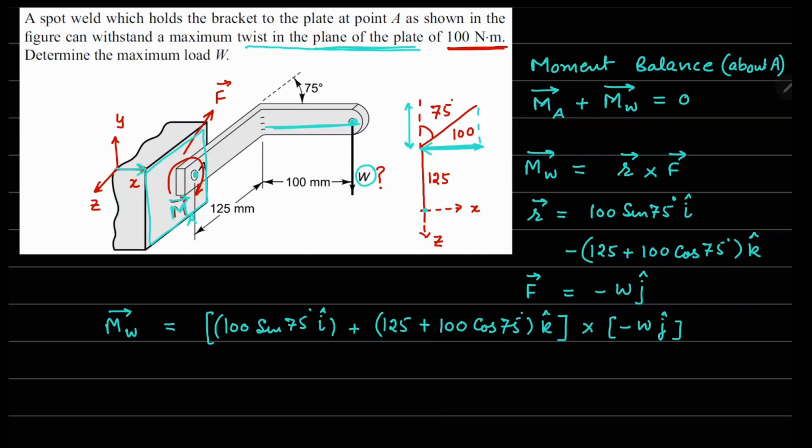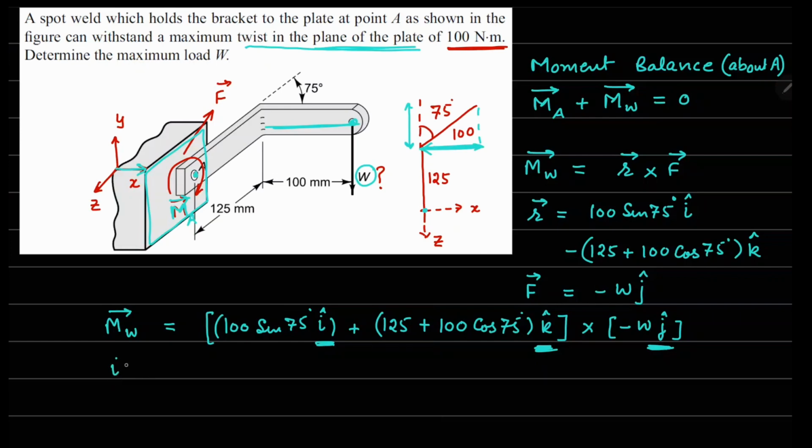So when you do the cross product here, one cross product will be happening with i and j. This is going to give you a component in the k cap direction, but this k cap and j cap, when you cross k with j, this is going to give you a moment in the i direction.